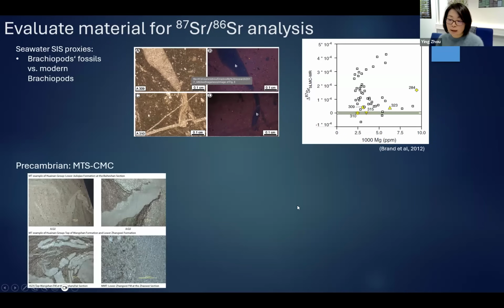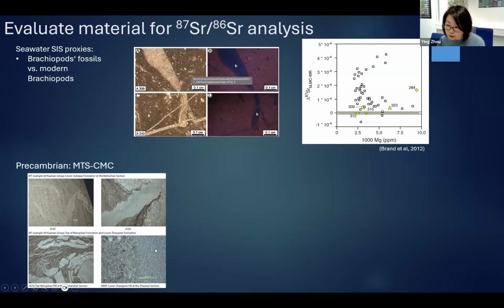Similarly, I have looked at the molar tooth structure. The molar tooth structure is an early diagenetic void fill of calcite microspar cement. Here you can see the molar tooth structure, CMC, compared to its host rock.